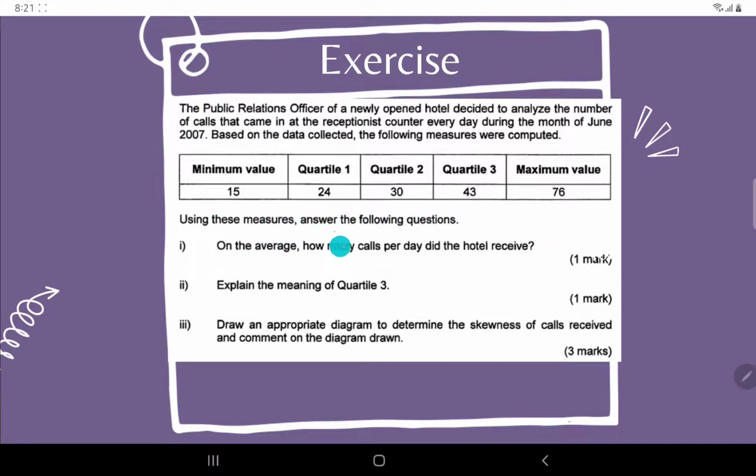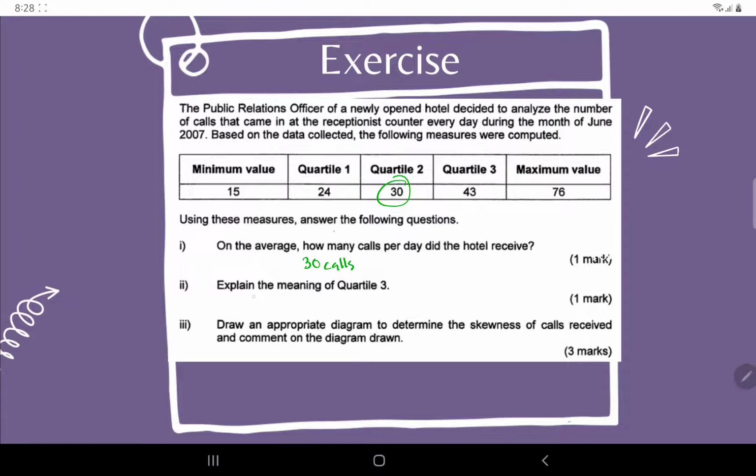On the average, how many calls per day did the hotel receive? On the average, our average is here, 30 calls. Q2. And then number 2, explain the meaning for Q3. Q3 is here.